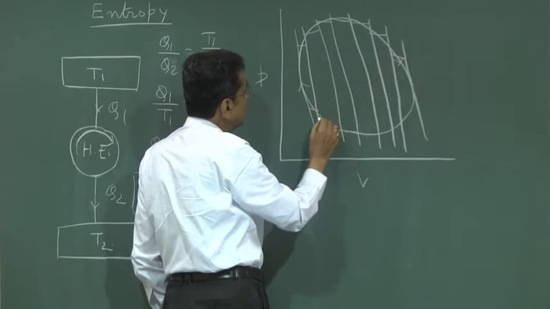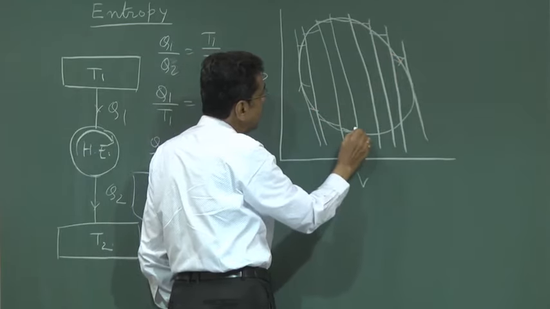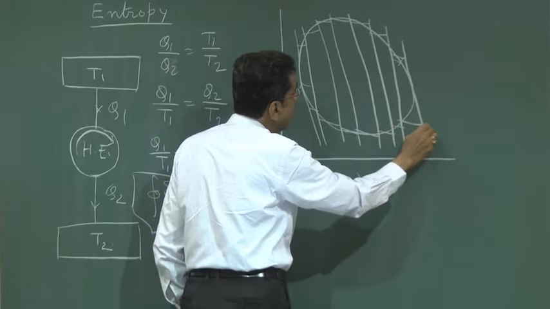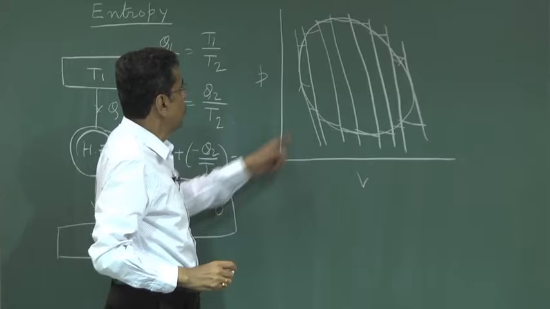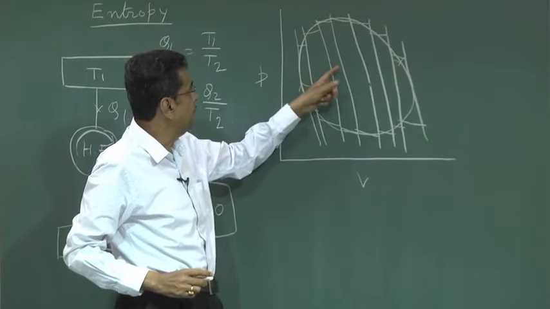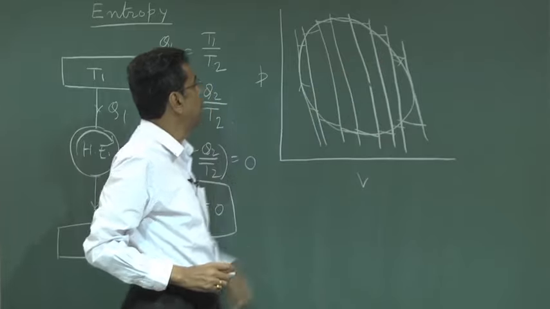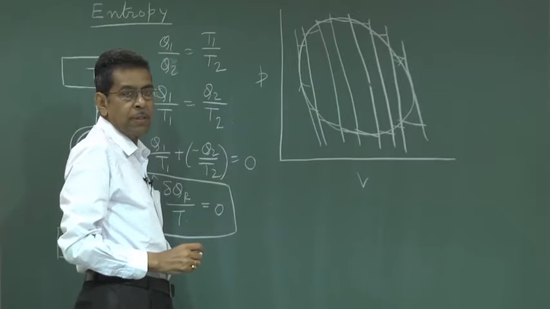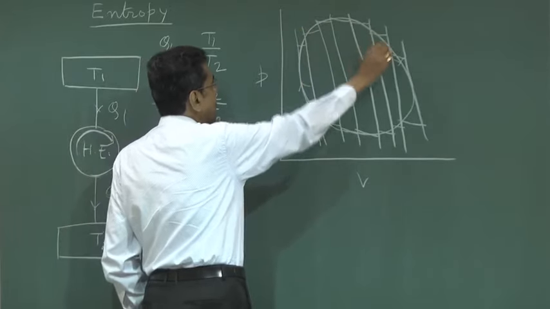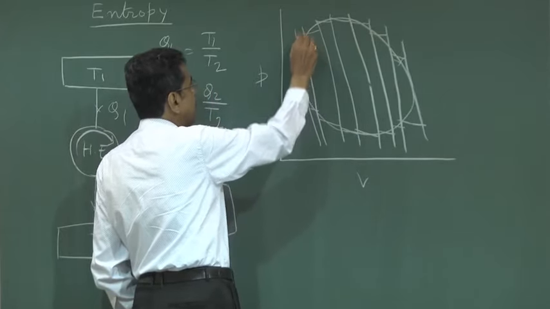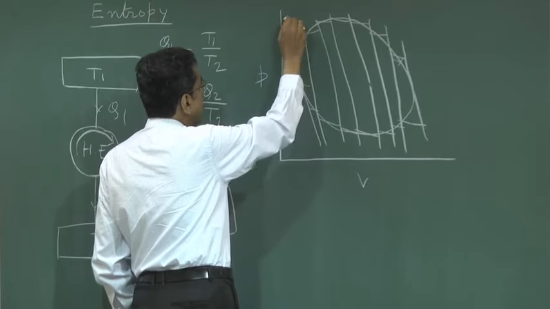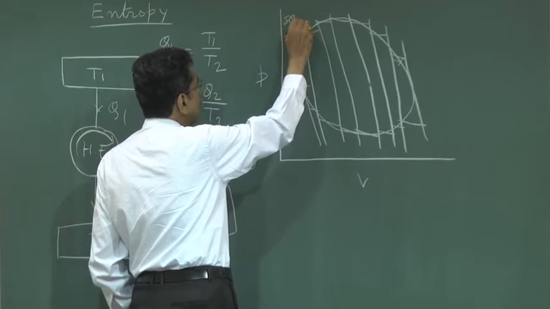Similarly here, the low temperature region, we can divide like this. That means we can divide this cycle into a number of elemental Carnot cycles, so that though the temperature is varying, for any elemental cycle, for example this, the temperature is T1 and heat added is delta Q1.